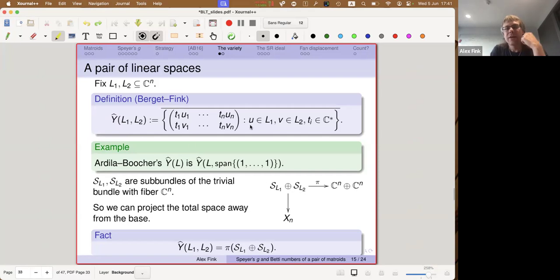And then we look at all 2 by n matrices you can obtain for some choice of T's, that's the base, and some choice of U's and V's, that's the points in the fiber. So you have this map embedding SL into Cn and then projecting away. So SL1 plus SL2 maps to Cn plus Cn. If I call that pi, then the variety we're looking at is pi of this sum of 2 subbundles.